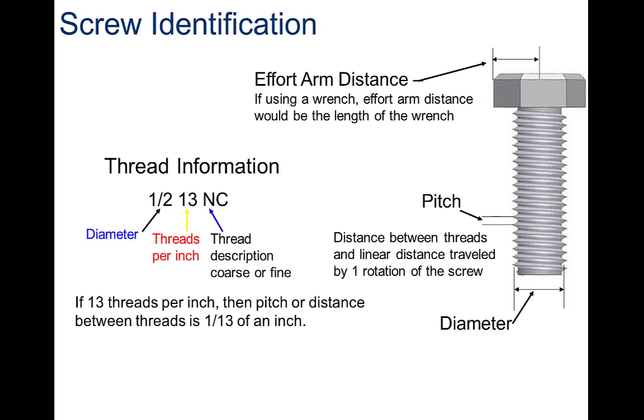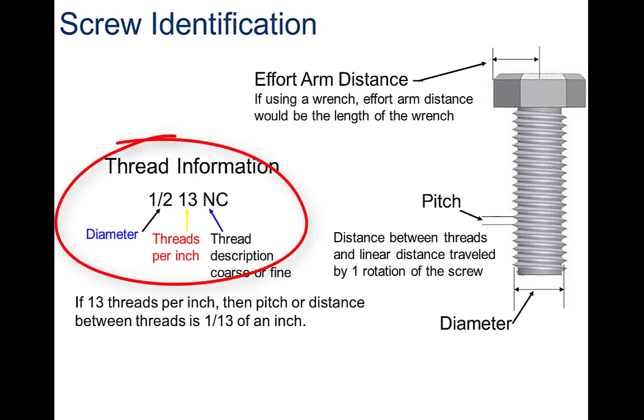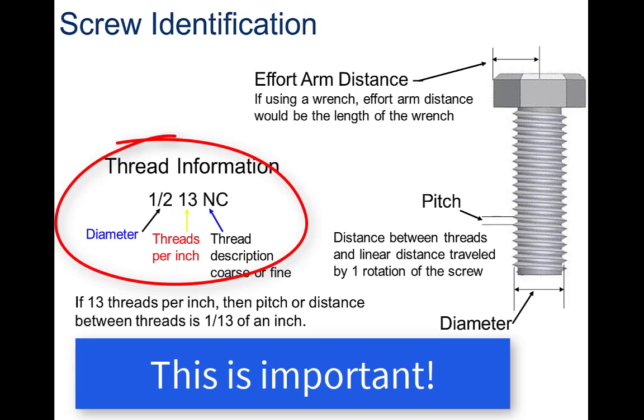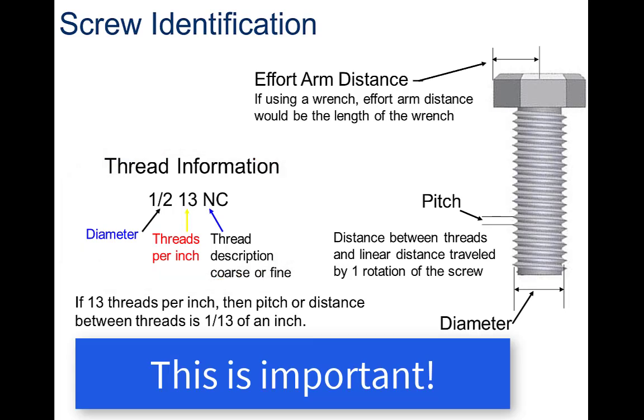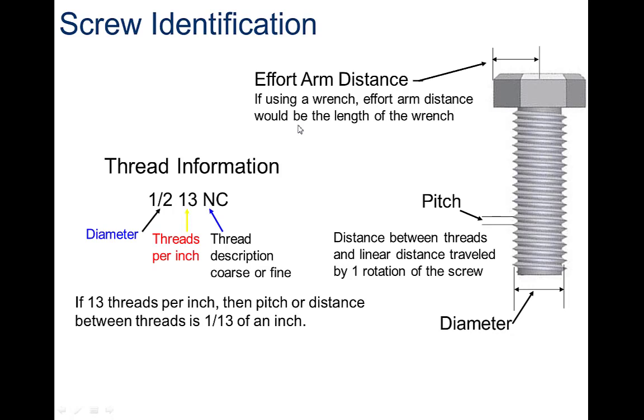Well, let's talk about how we identify things in a screw. It's very important to understand what's going on so that we can then talk about the mechanical advantages that come out of using a screw. So we have this effort arm distance. You're going to use a wrench, put it on top of this bolt, and we've got this distance from the center of the bolt out to one of the perpendicular edges.